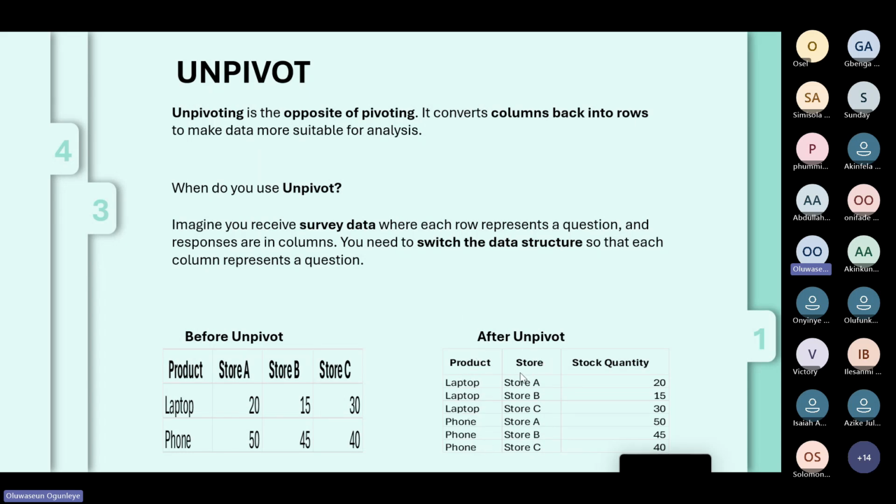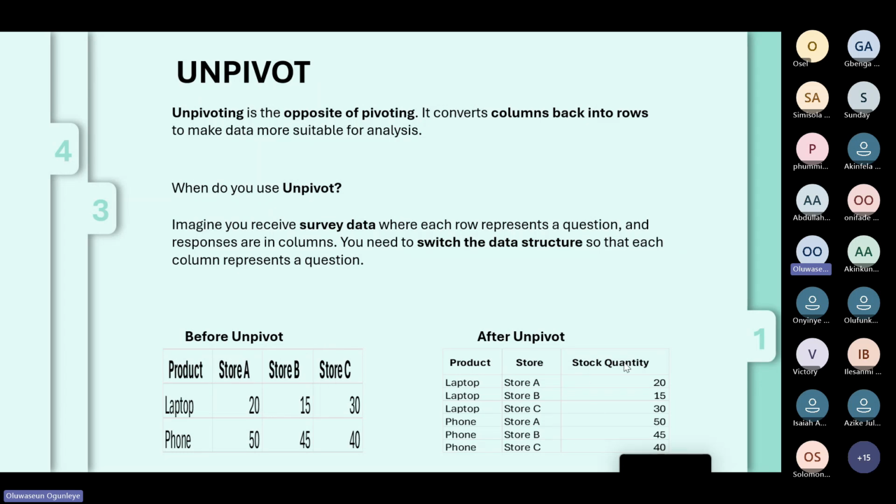But our store now has a proper header, and under the store, we now have the data for the store, which is store A, store B, store C. Then the last column, we have store quantity. Before, the numbers were spread across the other cells, and that was not making full sense to us.